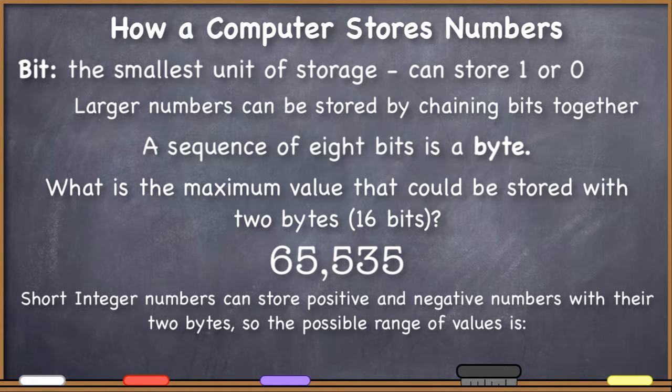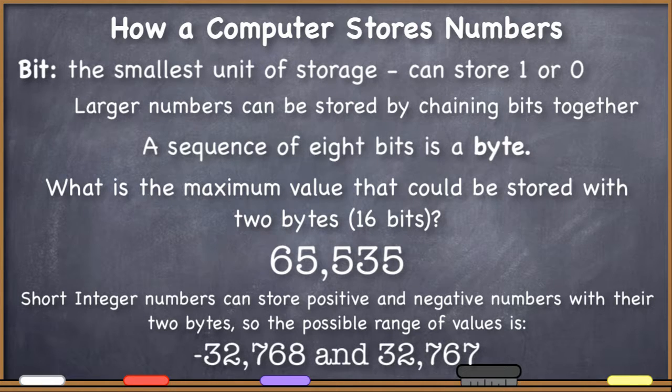That's why a short integer with 2 bytes of storage space allocated can store values between negative 32,768 and positive 32,767. If you take the absolute value of negative 32,768 and add it to 32,767, you get 65,535. So I can still hold that many different values, it's just that they're split over a range of positive and negative numbers.